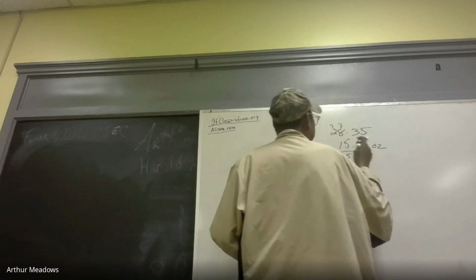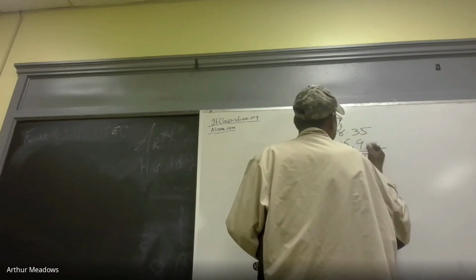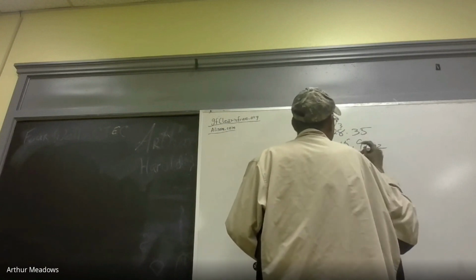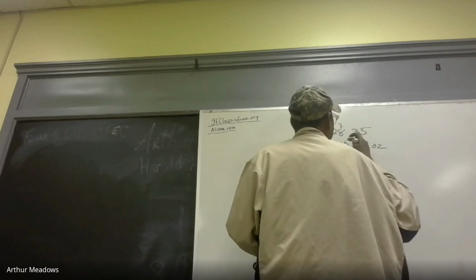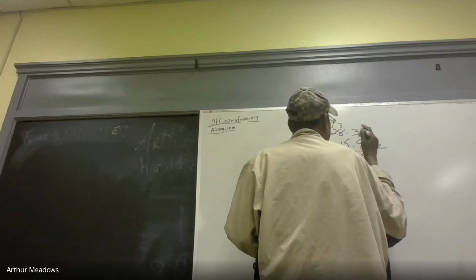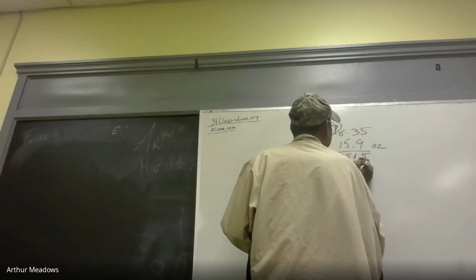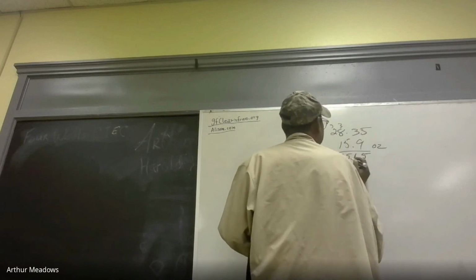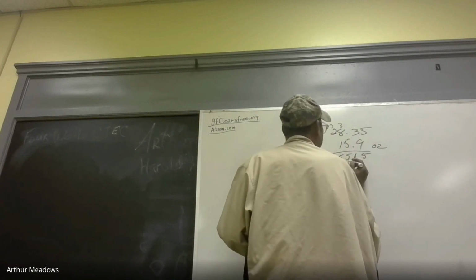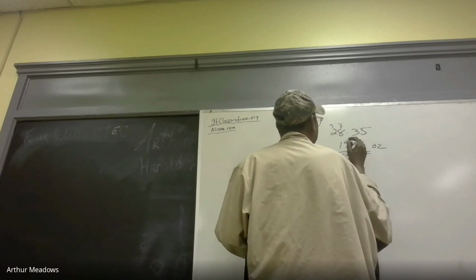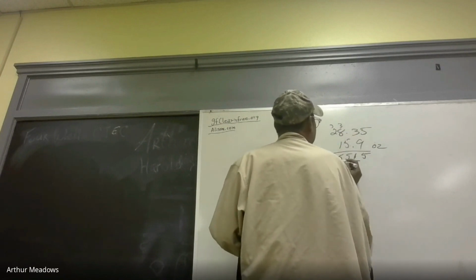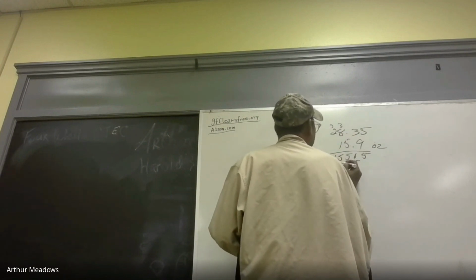Okay, now we're going to 5. This looks a little funny, but my next number is 5. So 5 times 5, 25. 5 times that, 15, and 2, 17. 5 times that is 40, and 1 is 41, right?